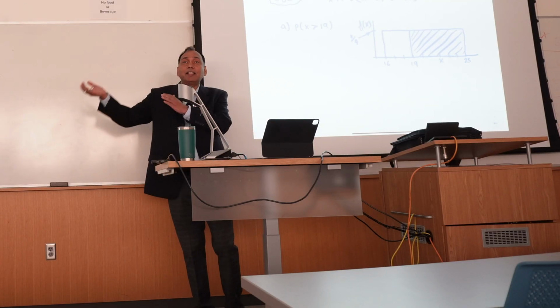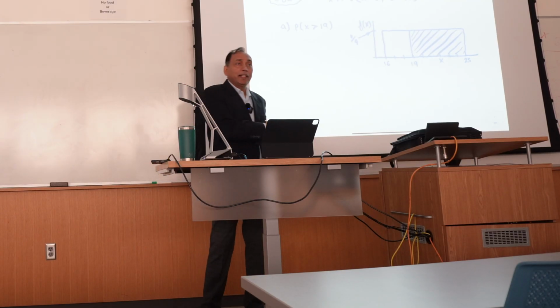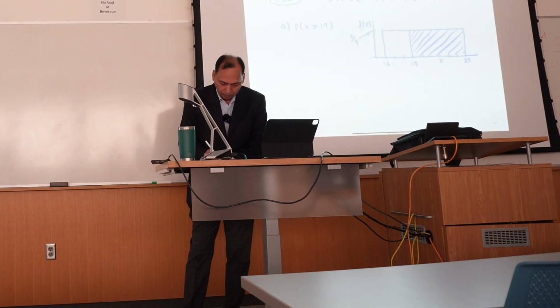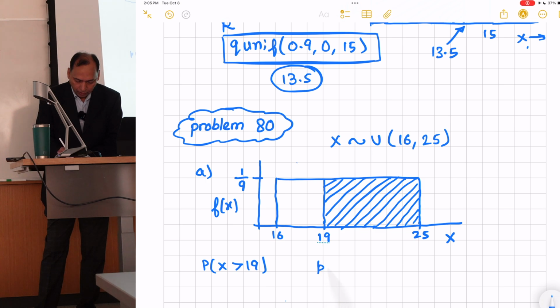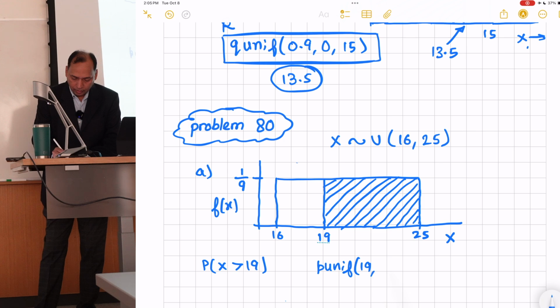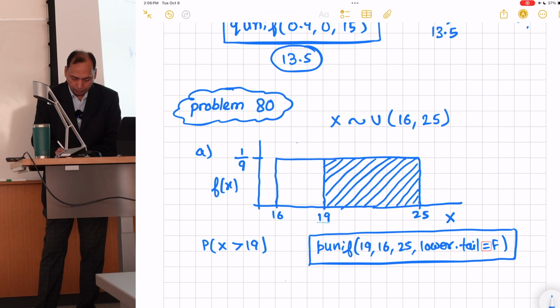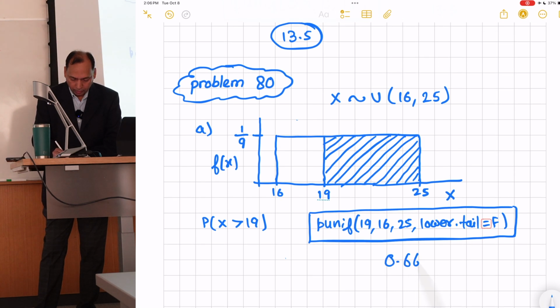So we are on the right side. We are not in the lower tail, so lower tail should be false. So when you input punif, and this 19, and then this a, and then 25, and then you have to say lower tail is equal to F. So that should give you 0.667.